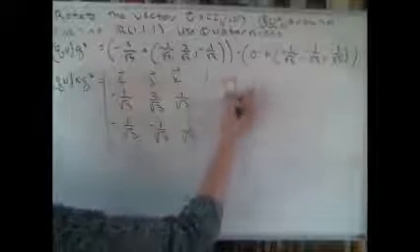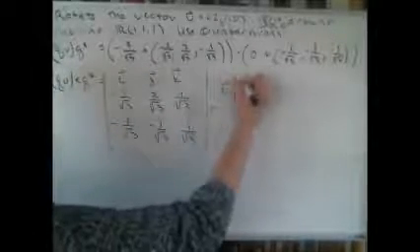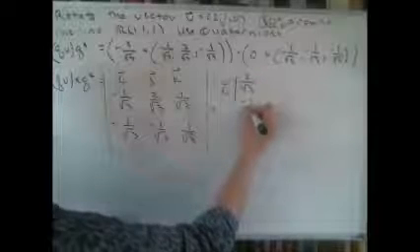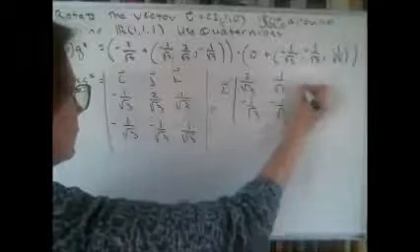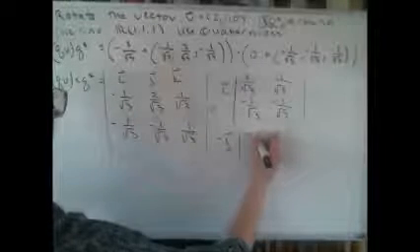So this is going to be I, first row, first column. Okay, and the next one, minus J, first row, second column, I avoid those.